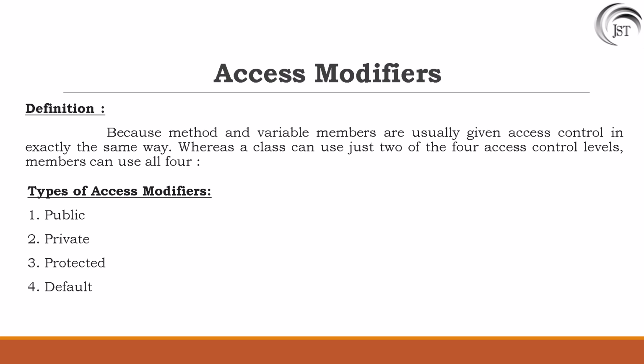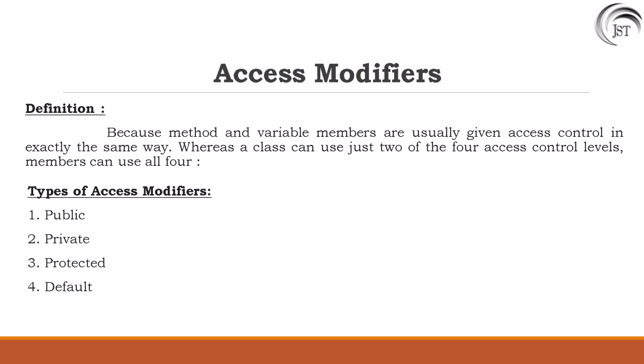Students are restricted from some places, teachers are restricted from some places; students are given access to some places, teachers are given access to some places. Like that, we give restrictions and provide access. Java also uses access modifiers like that, so that you can provide access in some particular places only. That's why we use access modifiers.